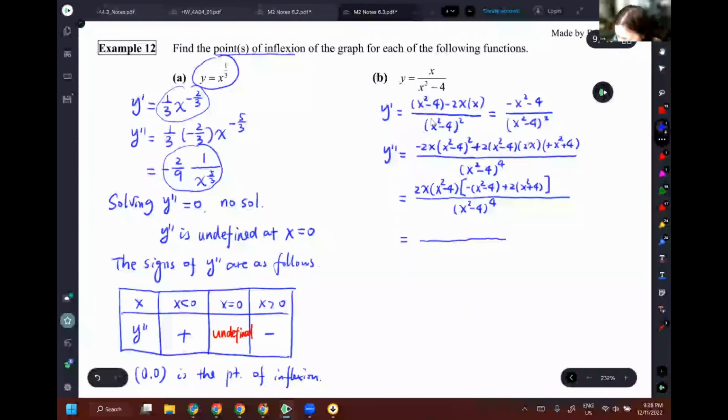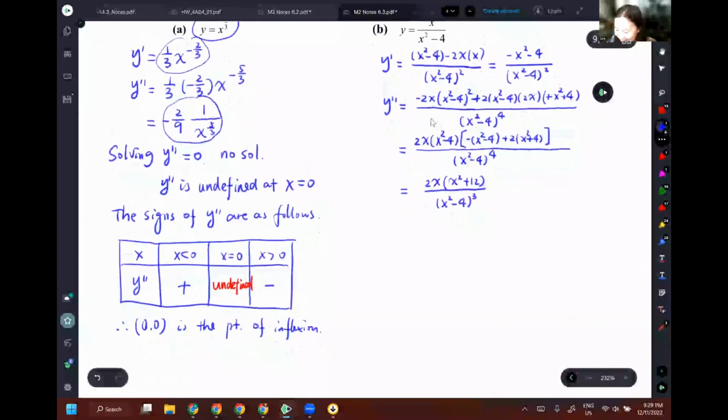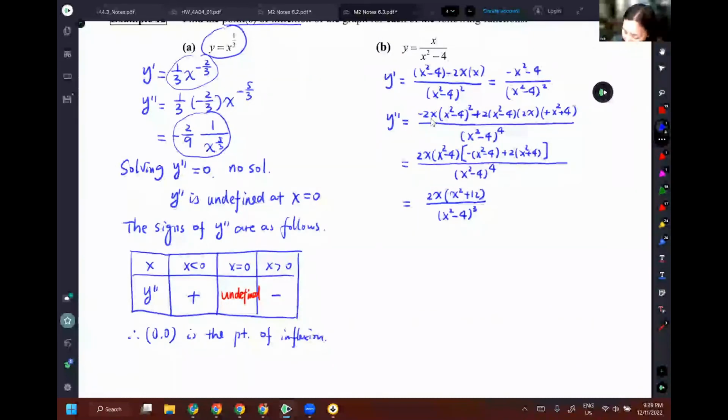Then it's 2x. This one is negative x plus 2x. That's x squared plus 8 plus 4 plus 12 divided by x squared minus 4 to the power 3. Right? I think so. So solving y prime prime equals 0.